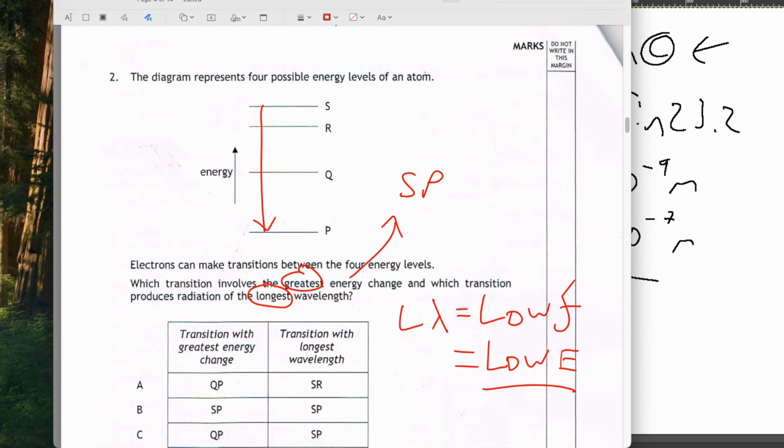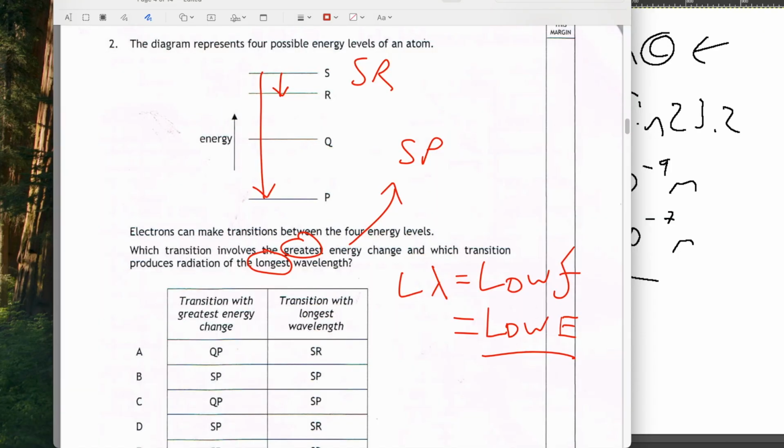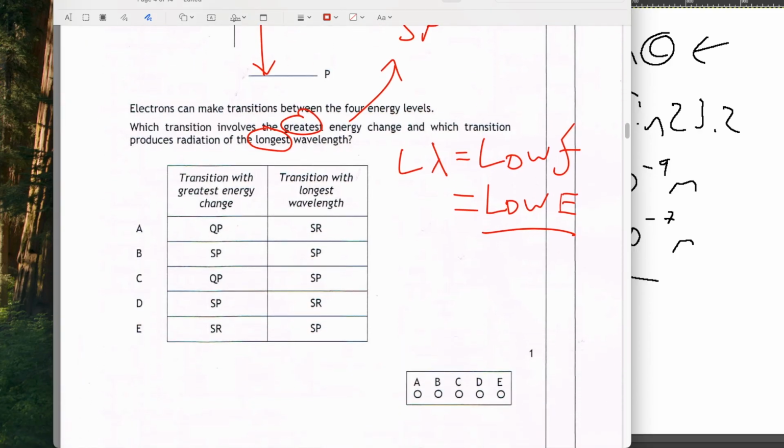So low energy is the smallest drop. The smallest drop means the shortest gap. So it's not going to be from Q to P. Where's the smallest gap? It's going to be this one, isn't it? In my humble opinion, SR. S to R is the smallest drop. It's going to be the smallest energy transition. So greatest SP to SR, this one is your answer, D.